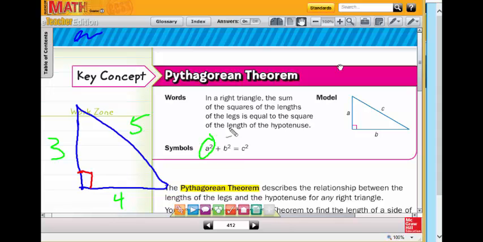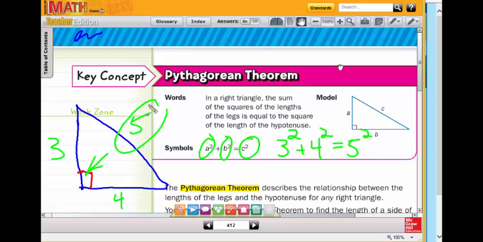We have a squared plus b squared equals c squared. Well, remember, a and b represent the legs, and they always meet right here at the right angle. So 3 and 4 are our legs. 3 squared plus 4 squared must equal 5 squared, because the 5 is the hypotenuse, which is the one across from the right angle.